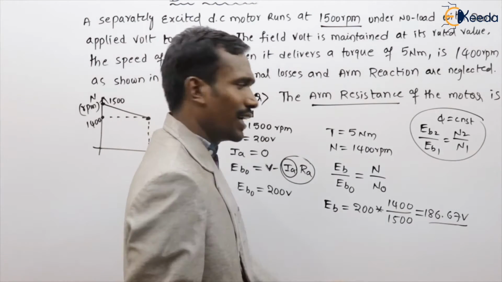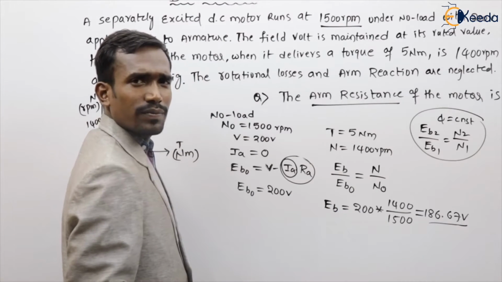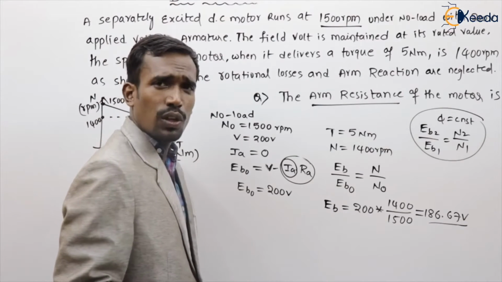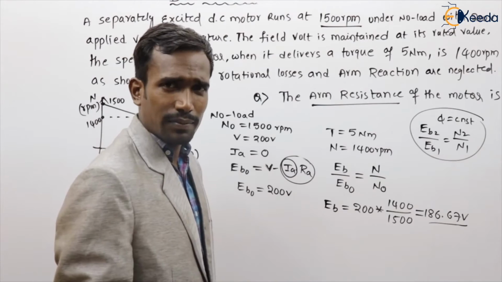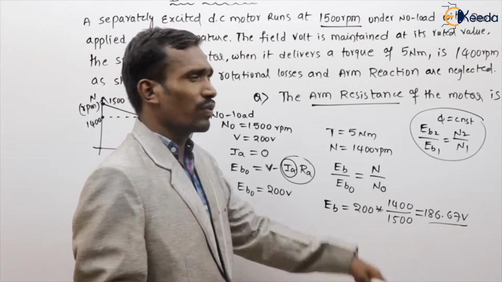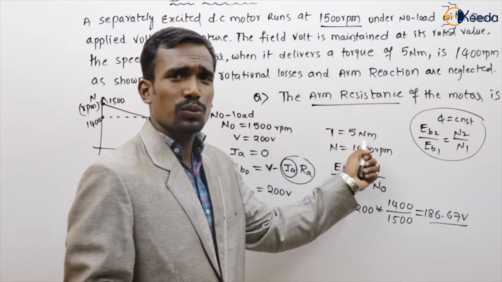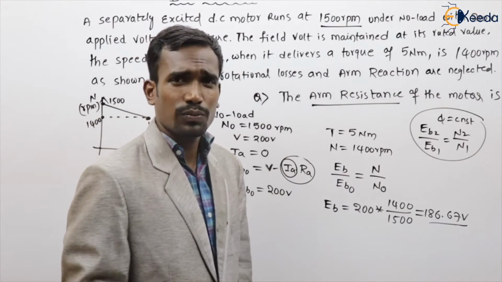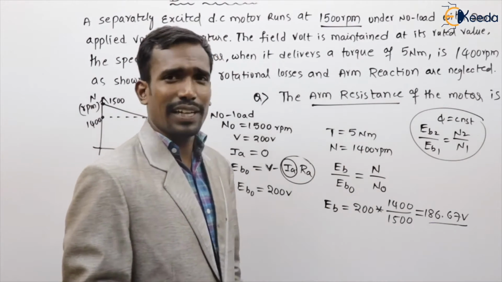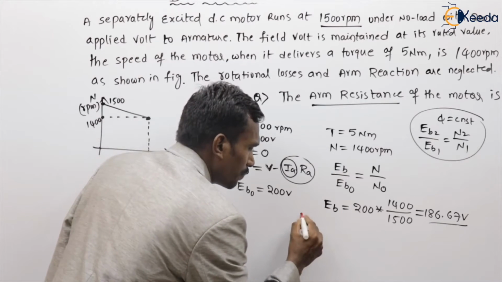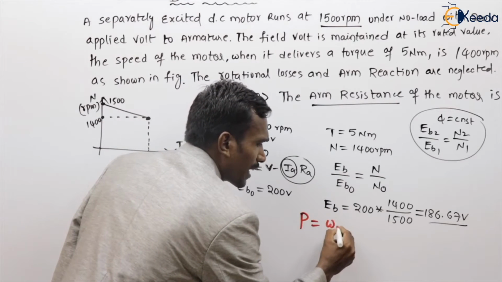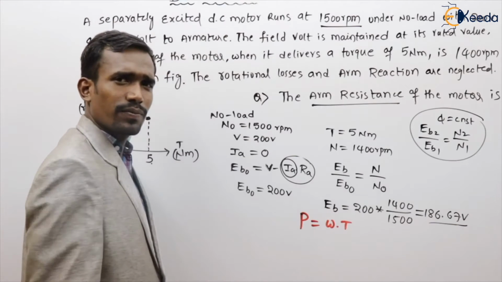Eb is equal to V minus Ia Ra. But here they gave torque and speed also. Torque is there, speed is there. From that, we know that P is equal to omega into T.